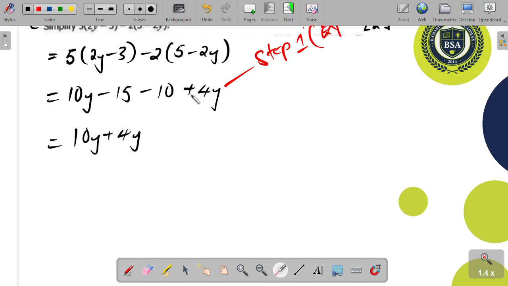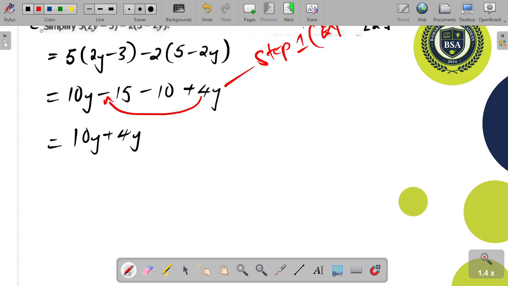So this positive 4y moves together with its sign to 10y. This is why you have seen positive 4y, because this one goes together with its sign to be grouped together with 10y.